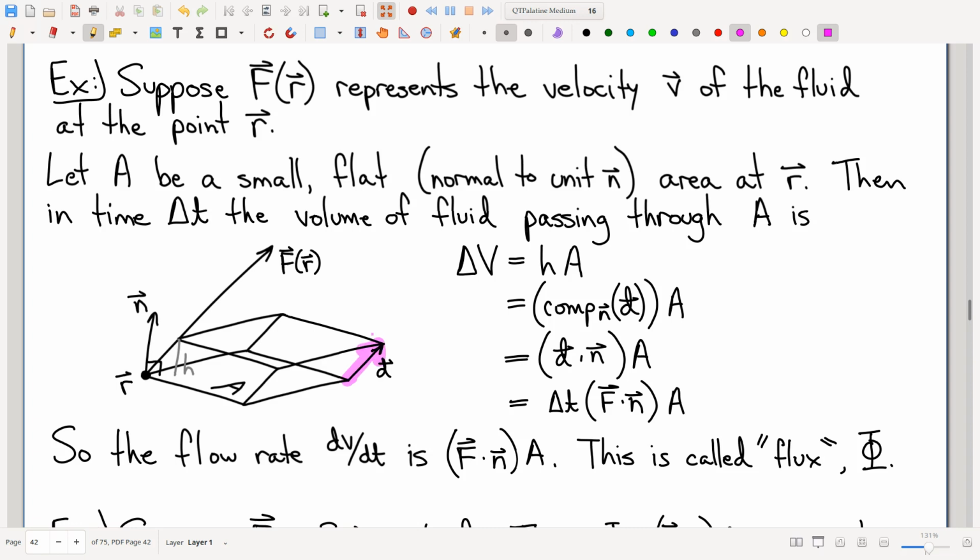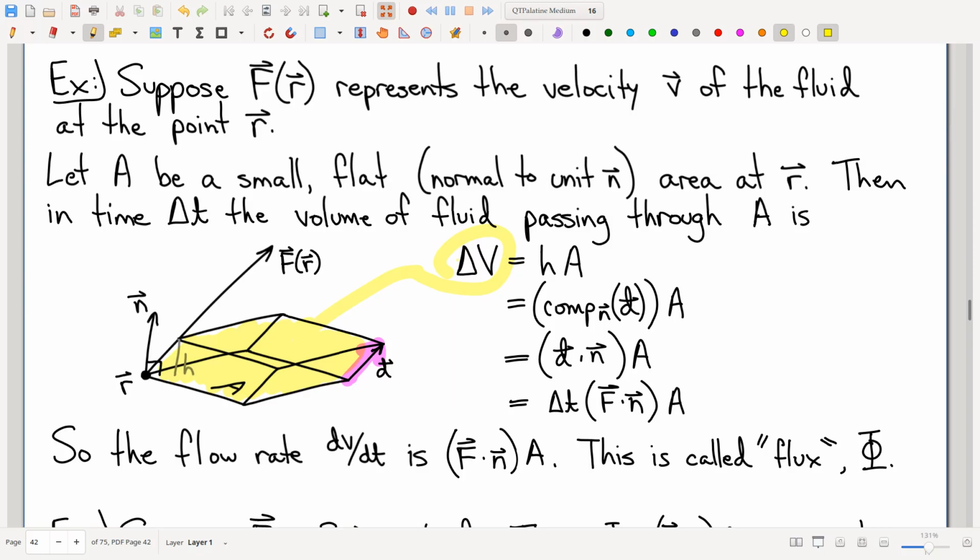The fluid will have moved in the direction of the flow by a certain amount. And that observed, I claim then that we can talk about the amount of volume in that amount of time, the amount of volume that has passed through that surface. Well, there it is. That's literally the pieces of fluid that flowed through that area in that amount of time, delta t.